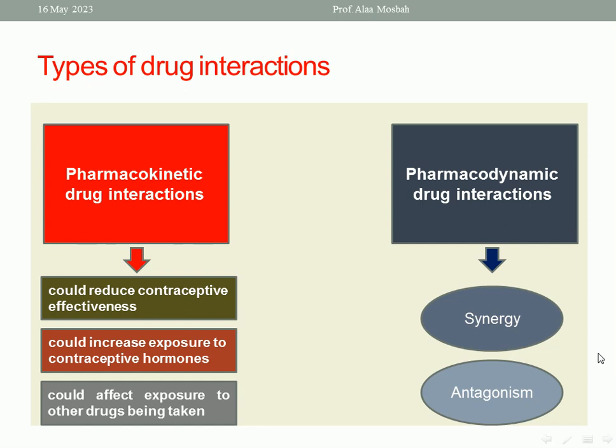Two drugs may have synergistic, additive action, while another two drugs may have antagonistic action as regards the pharmacologic interaction. Okay, so this is the difference between the pharmacokinetic and the pharmacodynamic drug interaction.